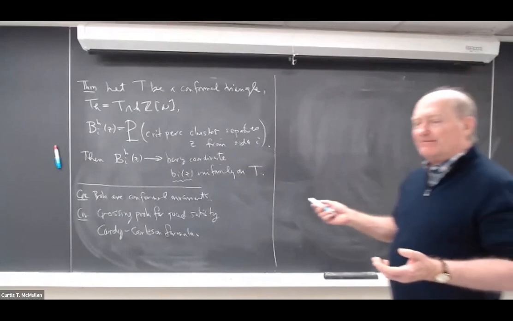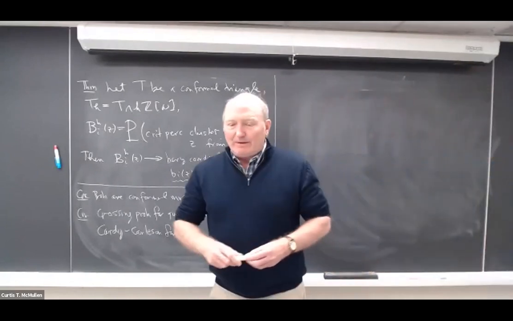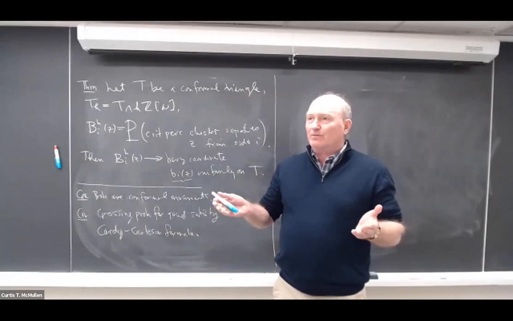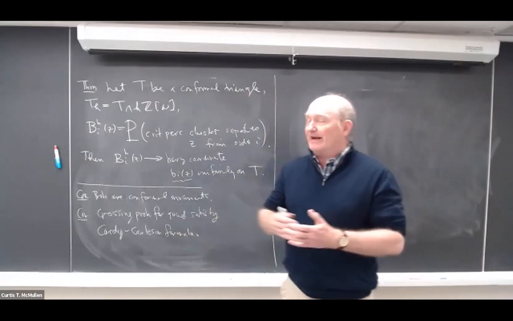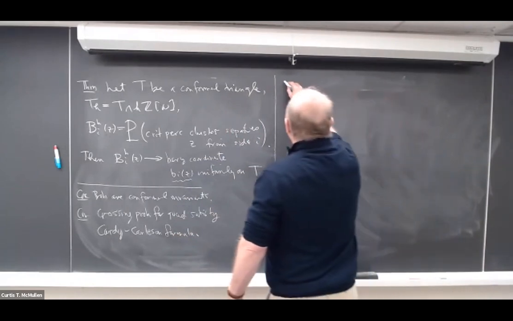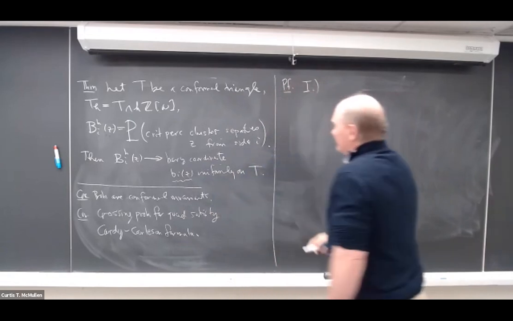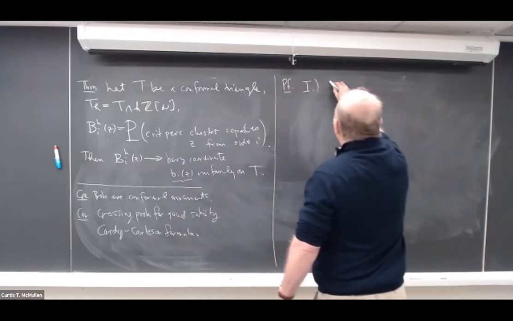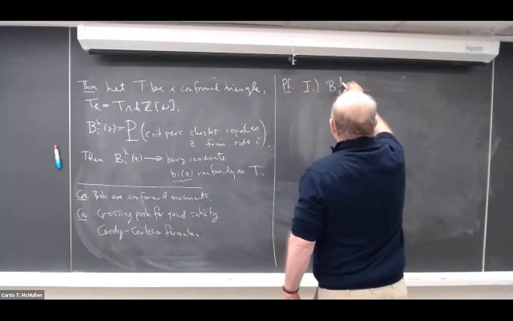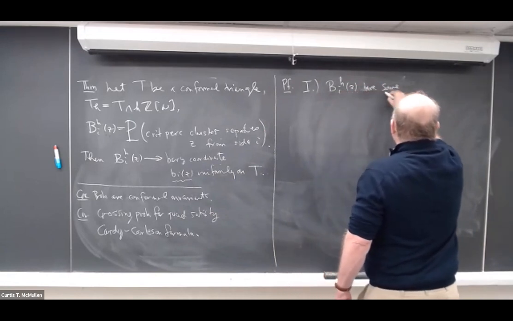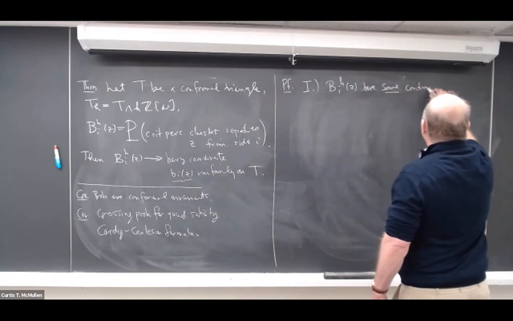Now, what's the program of proof? Well, we know what the program of proof is from our previous experience with, say, harmonic functions. So the proof in outline will depend on three things. The first thing is we have to show that the B_i^h of Z have some continuous limit.